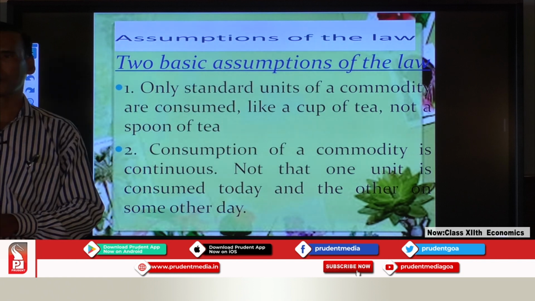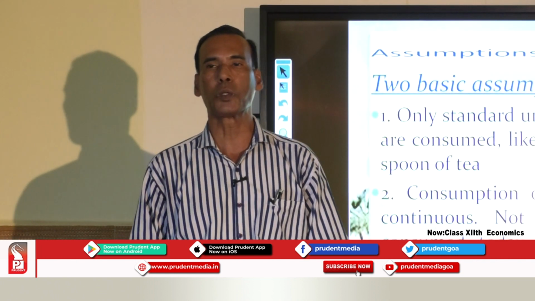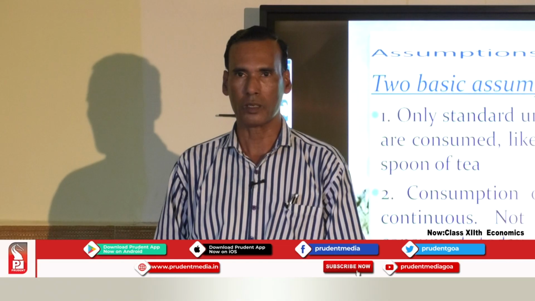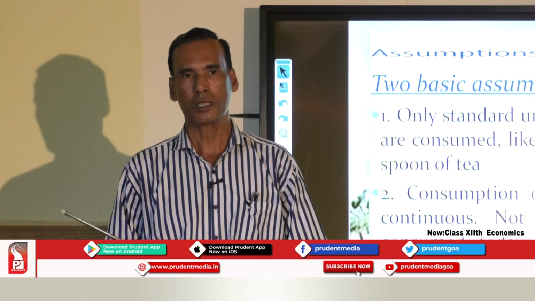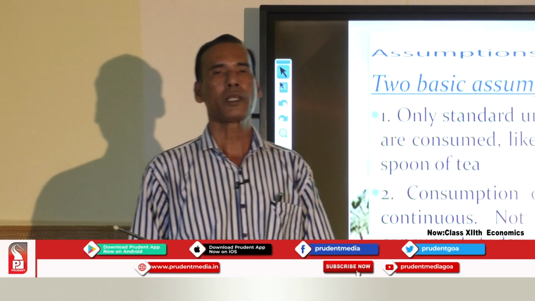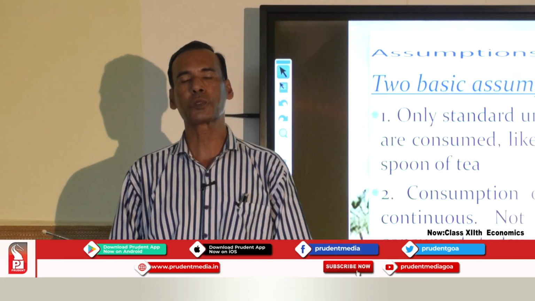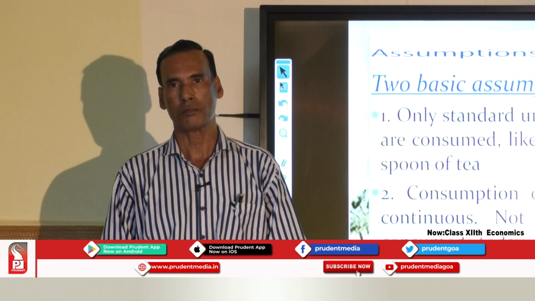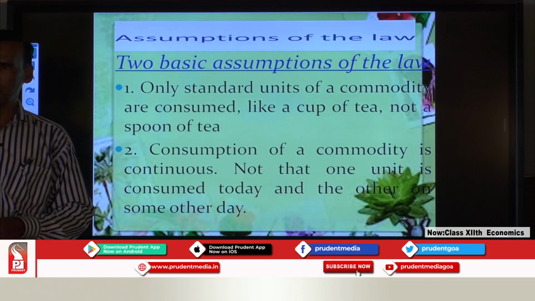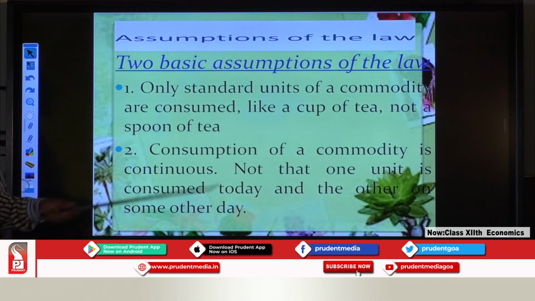Now, assumptions of this law. There are two basic assumptions to this law. Now, what are assumptions? Assumptions are the statements used to support a theory. In the case of the law of diminishing marginal utility, there are two main assumptions.